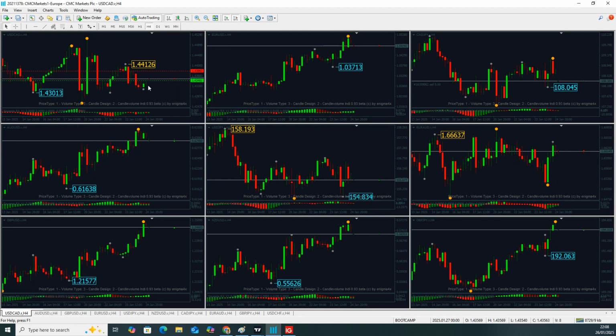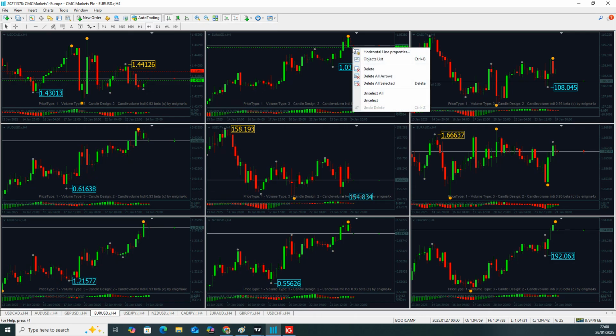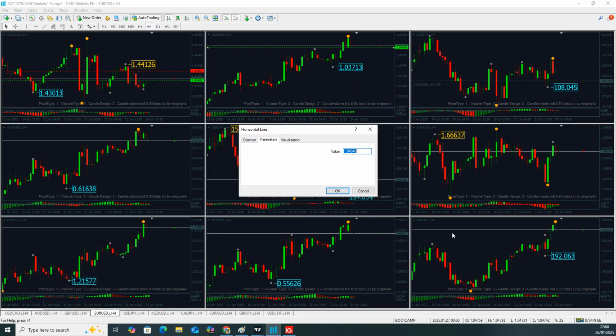Okay, let's do the euro dollar. Price is coming up. The low of this bar, I like this one because we have a yellow dot at it. So the low here is the sell point, low 1.04670. So we don't have a buy point with this one.